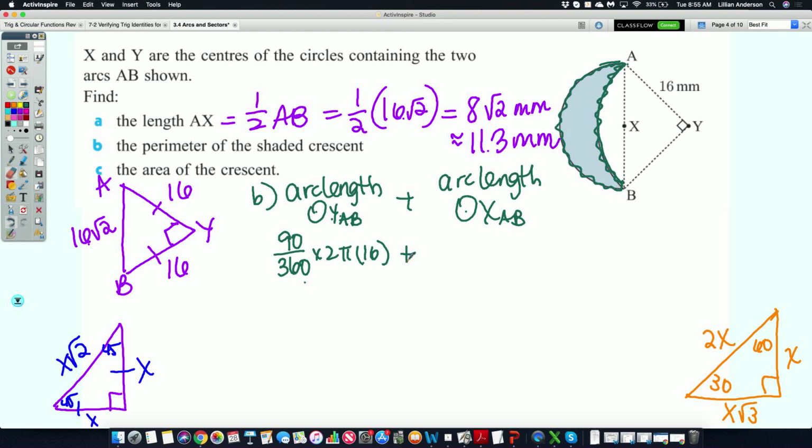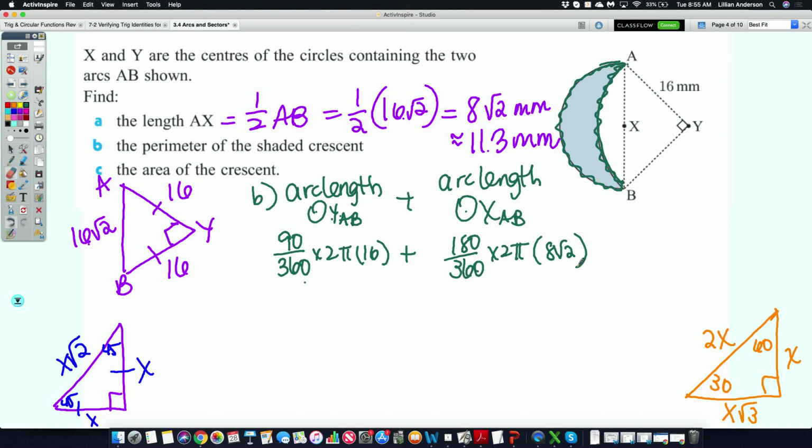So then what is the angle for circle X? 180. What is the radius for circle X? Because that's what you found in part A. Very good. Then at this point, you multiply and you add.